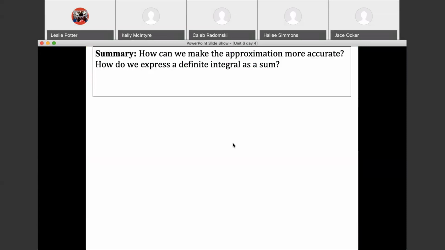So how can we make the approximation more accurate? Any ideas? Apparently it's Shane. Awesome, that's very mathy. More rectangles. Right, each subinterval is a rectangle. By using a ridiculous number of rectangles.